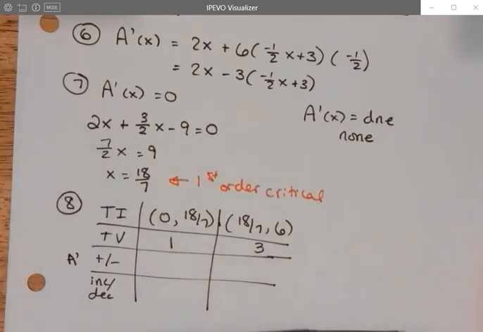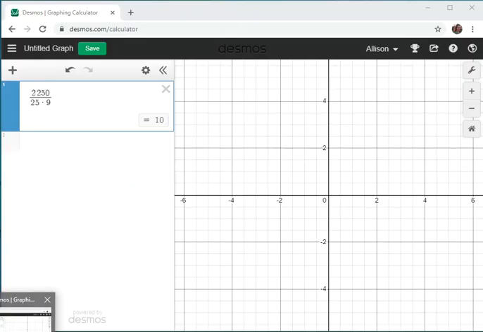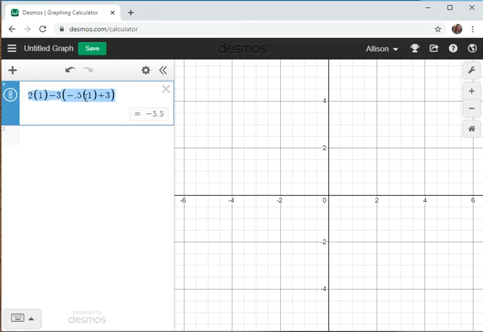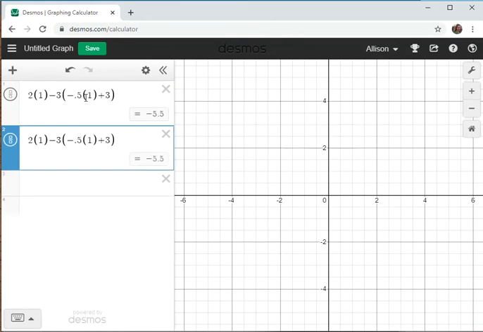So I would have 2 times 1 minus 3 times negative half of 1 plus 3. So it gets a negative. And then if I plug in 3 instead, it's a positive.